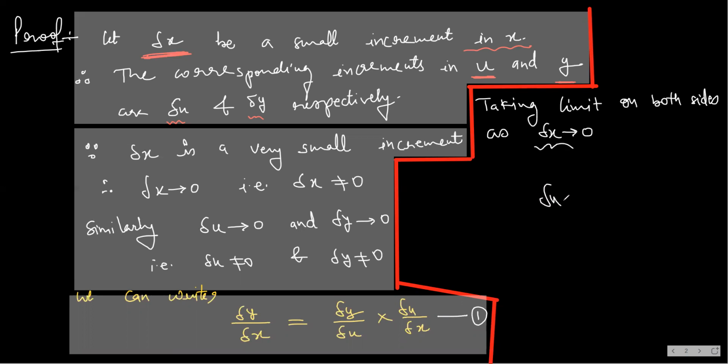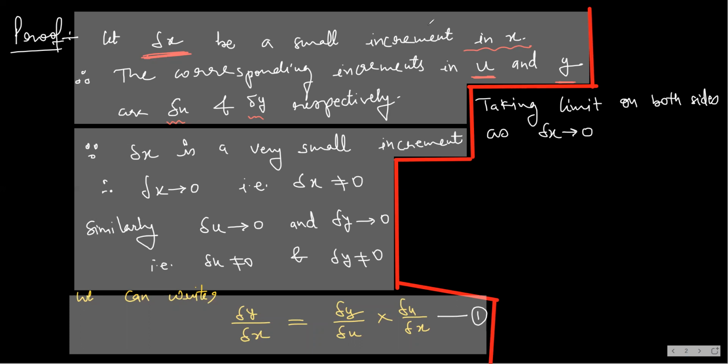Why not when delta u tends to 0? Why not when delta y tends to 0? It is because delta x is the basic variable. You started with your basic variable, so you will write delta x tends to 0. Got that? So here I write, taking limit on both sides as delta x tending to 0.